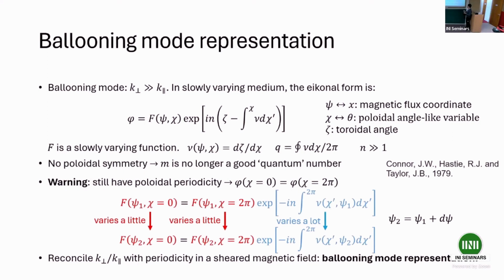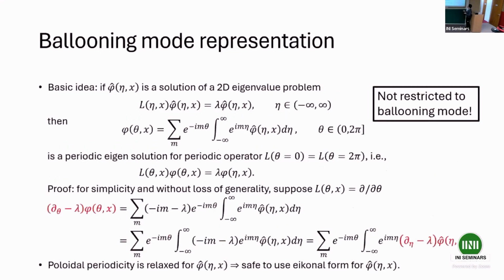So we need to think of a way to reconcile the requirement of the toroidal periodicity and the eikonal form. So this leads us to the ballooning mode representation.